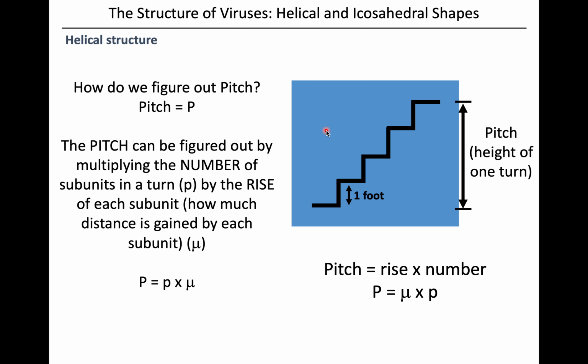Just some simple math: if you know the rise of each individual capsid protein subunit, and you know how many subunits there are in one turn of the helix, that gives you the pitch. It's analogous to measuring the height of a staircase by knowing each step is 1 foot in height and there's X number of steps. If I do that simple multiplication, that gives me the height of the whole staircase. So similar idea here.